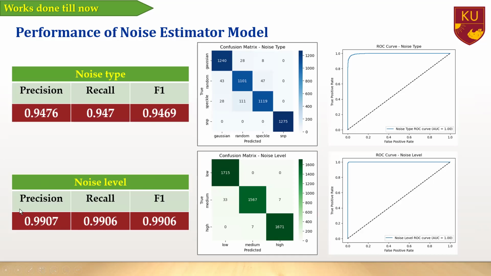While predicting noise level, its precision is 0.9907, recall 0.9906, F1 score is 0.9906. And here you can see the confusion matrix, predicting 1500 images.